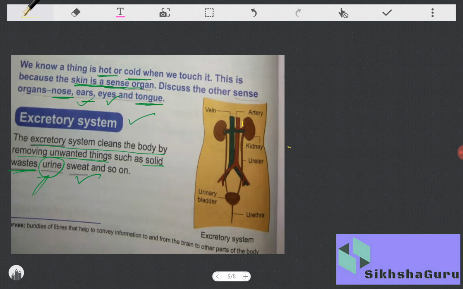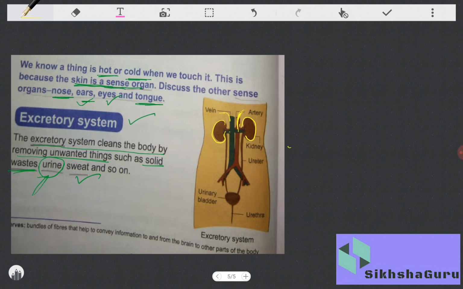This is the kidney. These are the two kidneys. The arteries are connected and the veins are also connected. The artery brings the impure blood here where it is filtered.